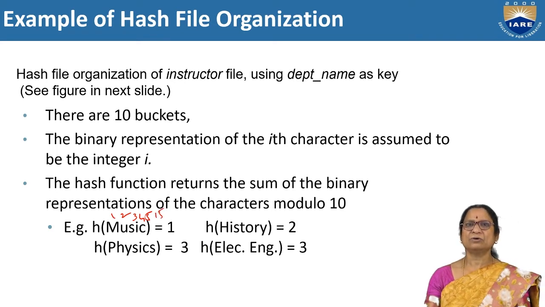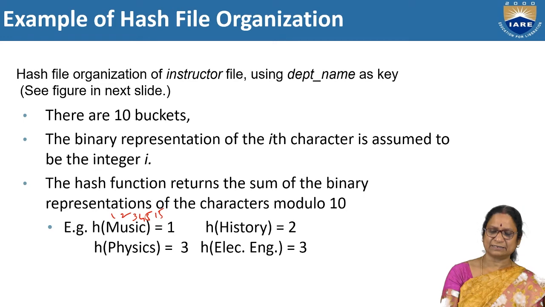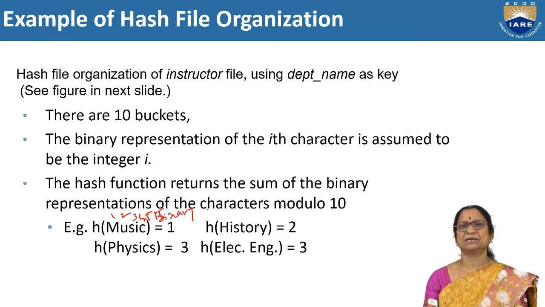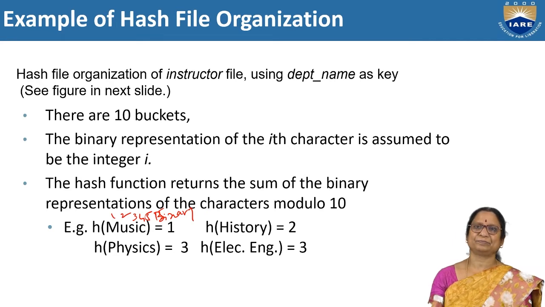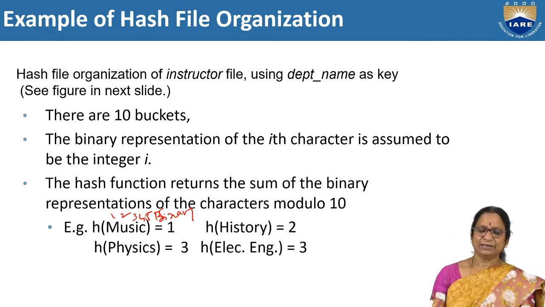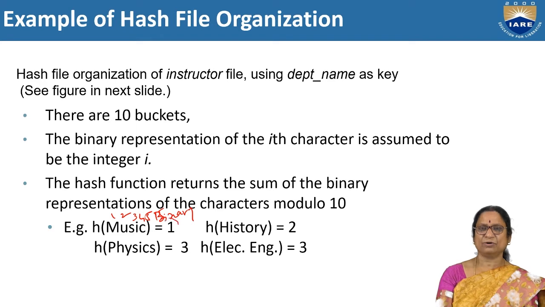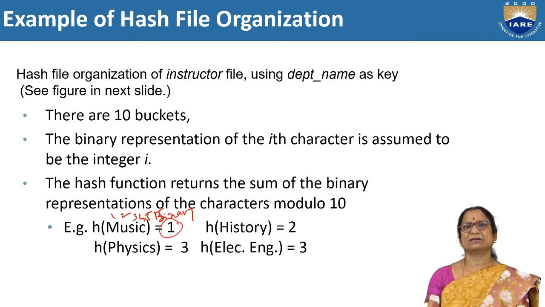Right? So we have to consider the binary representation instead of the decimal representation. Then sum them, and divide by 10. Whatever remainder I get, that will be 1.